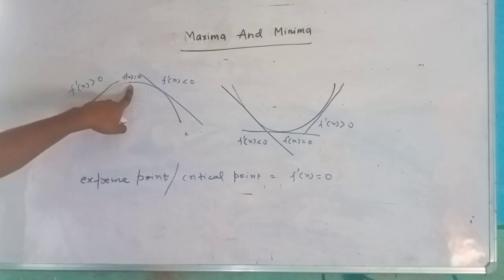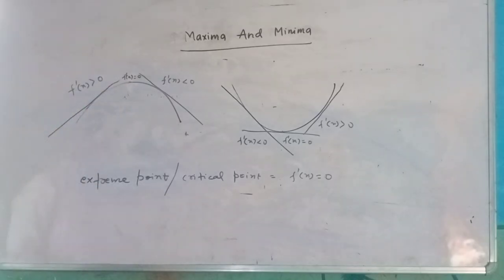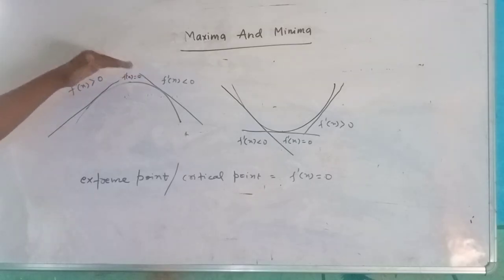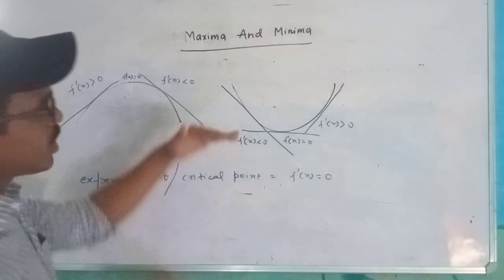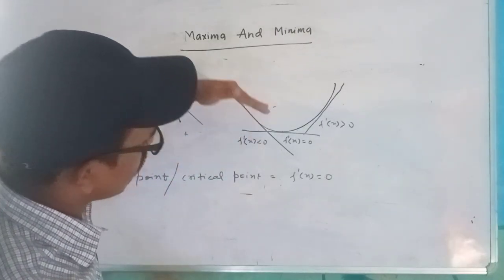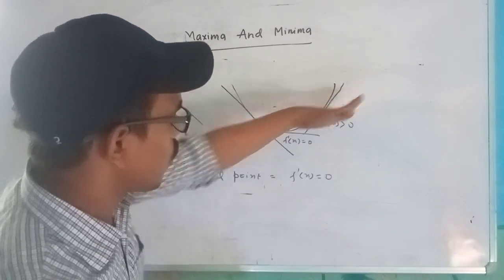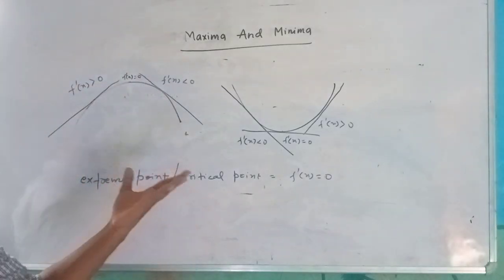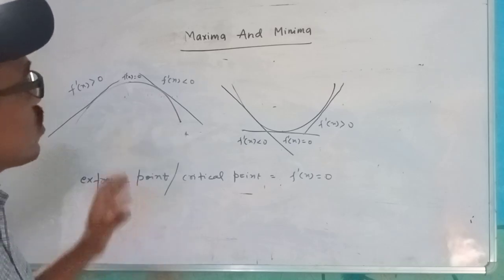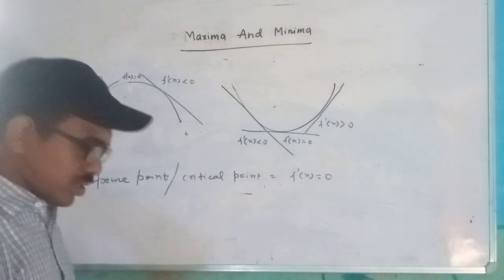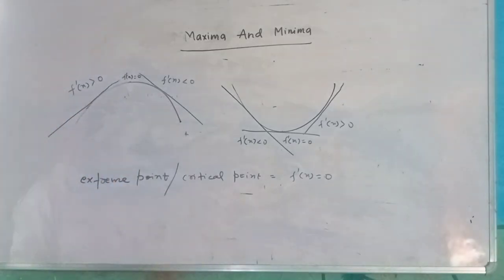So in case of local maximum, the slope is first positive, then 0, then it gradually becomes negative. Similarly, in case of local minimum, the slope is negative, then 0, then again positive. Based on this concept, we have the first derivative test. Now we will study our next topic, the first derivative test.